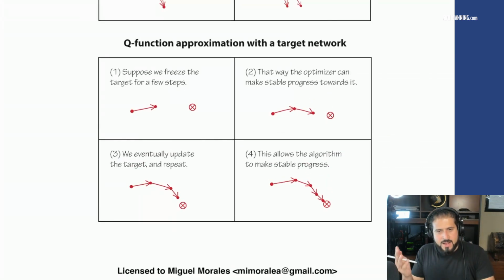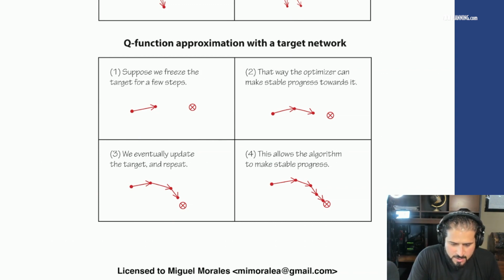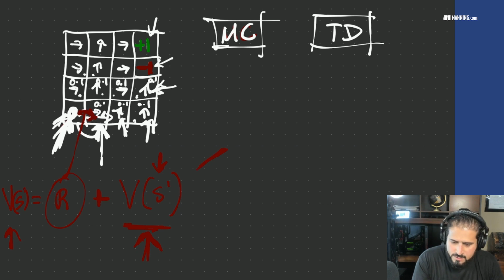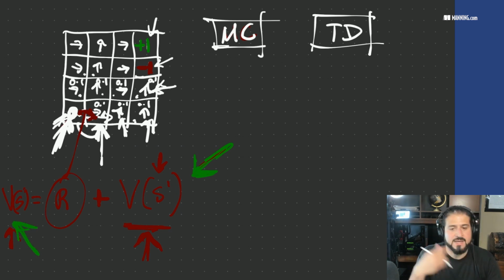A target network works like this: you have two networks again, and one is going to be producing those estimates that I talked about. This guy is going to be a target network. Let's put some other color. This guy is going to be a target network, and this guy is going to be training every single time. So now your target is stationary for so many steps, right?